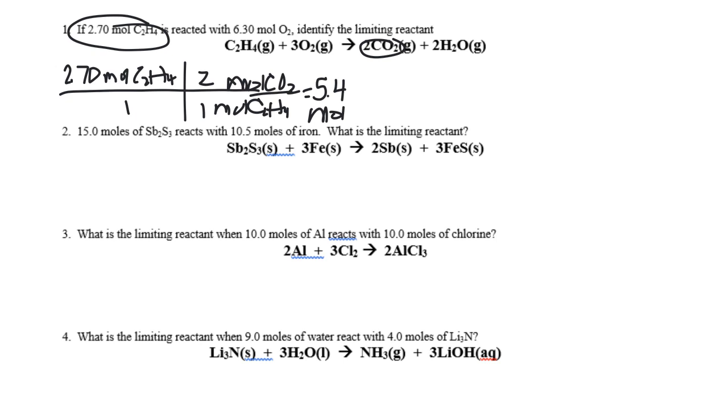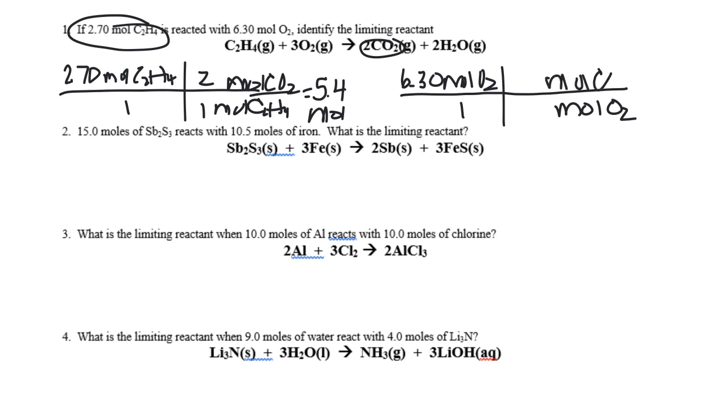Now I have to see, well, if all of the oxygen is used up, all 6.3 moles, how much CO2 can I make? So moles of oxygen comes down. Now I have to go to the same spot, so I'm still going to go to moles CO2. I have a 2 in front of CO2, and I have a 3 in front of the oxygen.